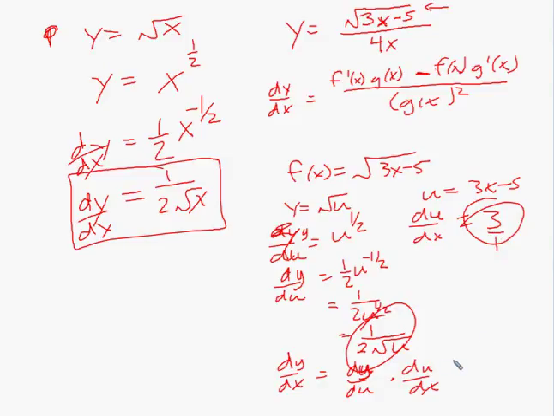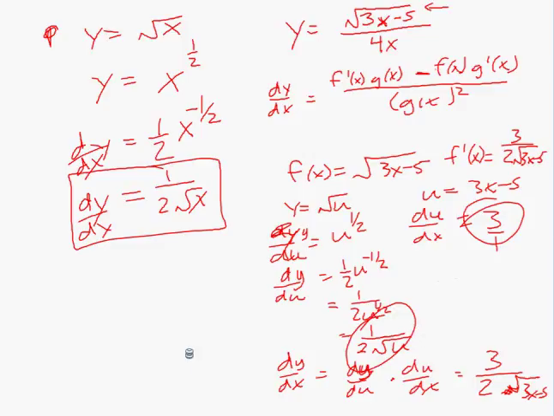So I have 3 over 2 root, well, what's u? u is 3x minus 5. So the derivative here of f of x is 3 halves, and in my denominator, root 3x minus 5.